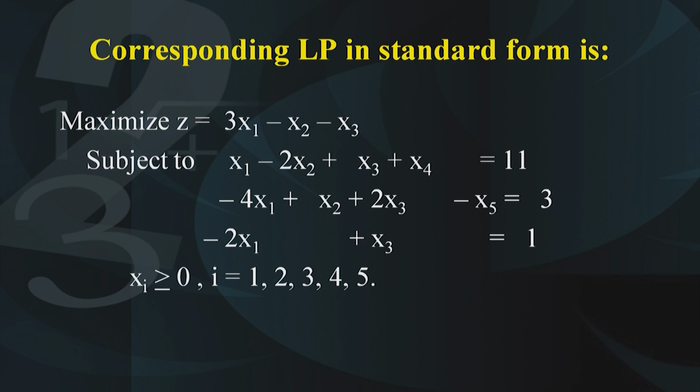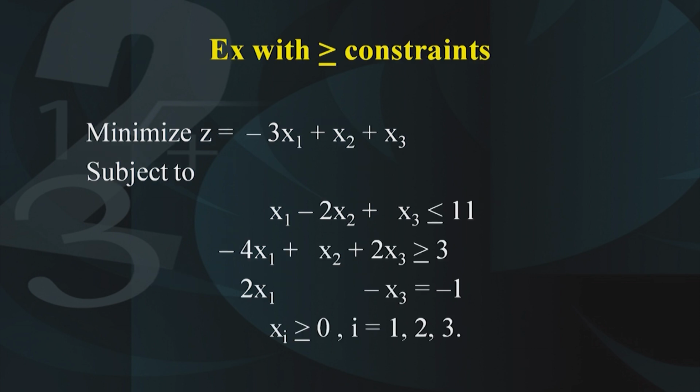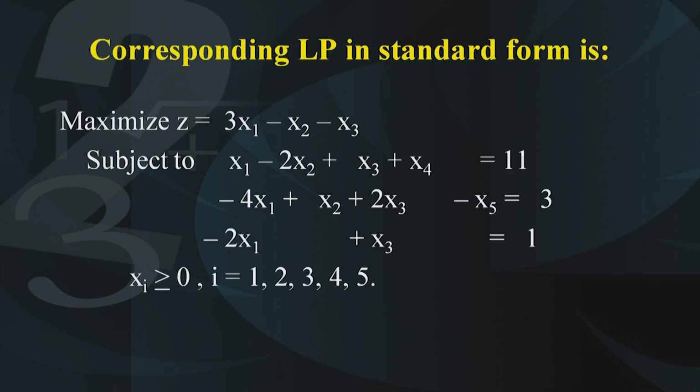Now, you might ask, why do we not write x4 in both the equations? No, we cannot write x4 in both the equations because the inequalities are different. The first inequality and the second inequality are totally different inequalities, and therefore, we need to use different variables, and that is what we do.